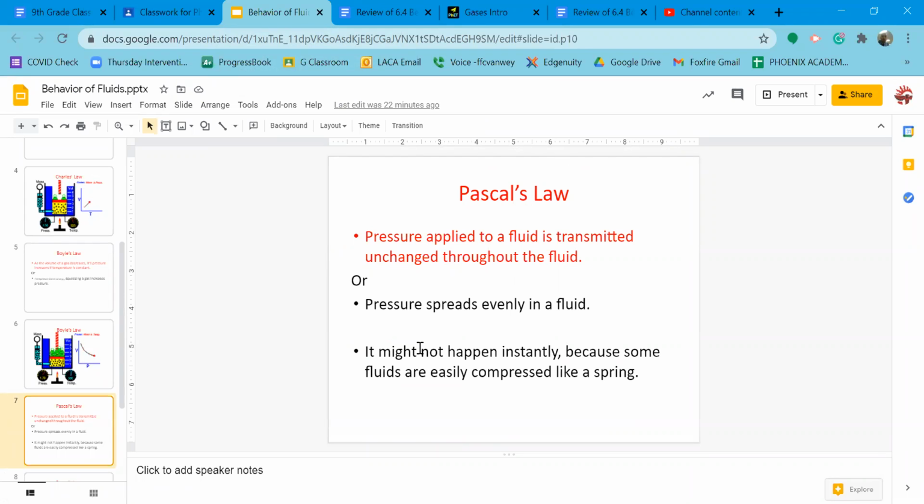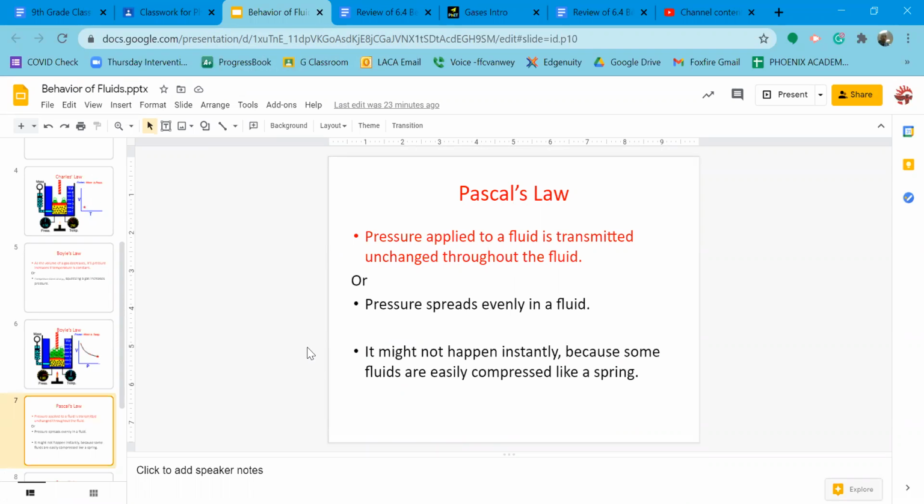Now, it's worth noting here that in the real world, fluids are compressible. And so when you push on a fluid, it doesn't immediately spread all the way to the other end of the fluid. If I take a folder and I start waving it around, it will push on the fluid in the room, and there will be a breeze on the other side of the room, but it won't be instant.